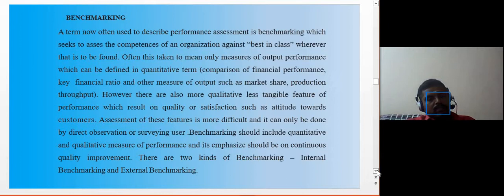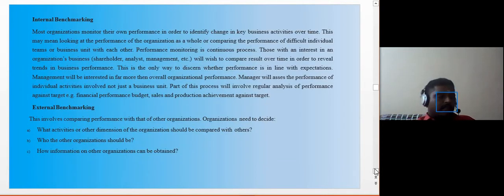There are two kinds of benchmarking: internal and external benchmarking. Internal benchmarking: most organizations monitor their own performance in order to identify change in key business activities over time. This may mean looking at the performance of the organization as a whole, or comparing the performance of different individual teams or business units with each other.